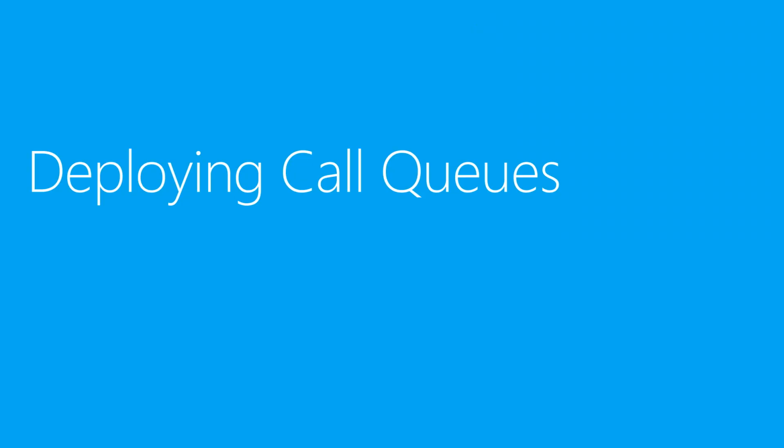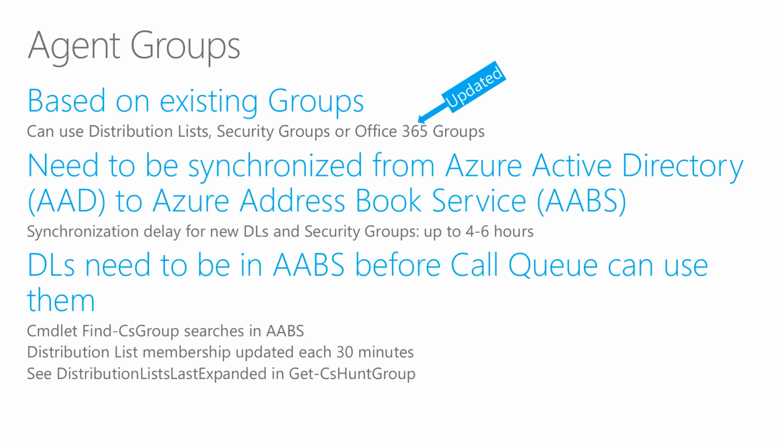So how do we deploy call queues? For the agent groups, we support agents in distribution lists, security groups, or Office 365 groups. Agents need to be in groups. We don't support adding agents directly. They will need to be synchronized from Azure Active Directory, AAD, to Azure Address Book Service. Please note that the synchronization delay for a new DL, a new security group, or a new Office 365 group can take up to 6 hours.